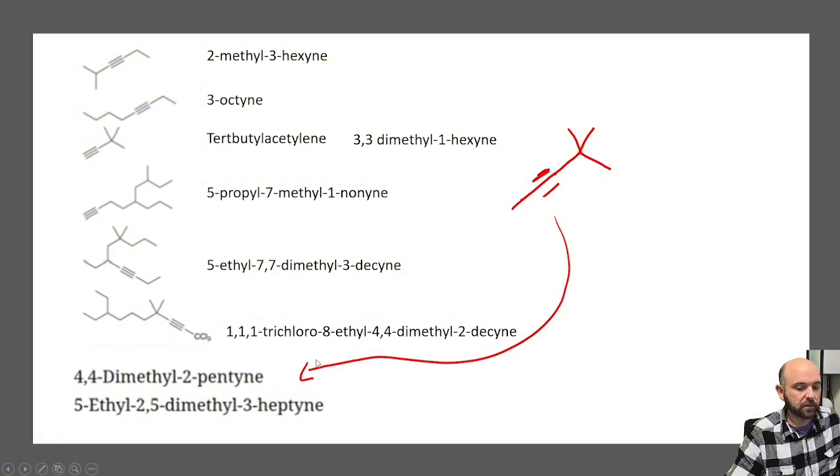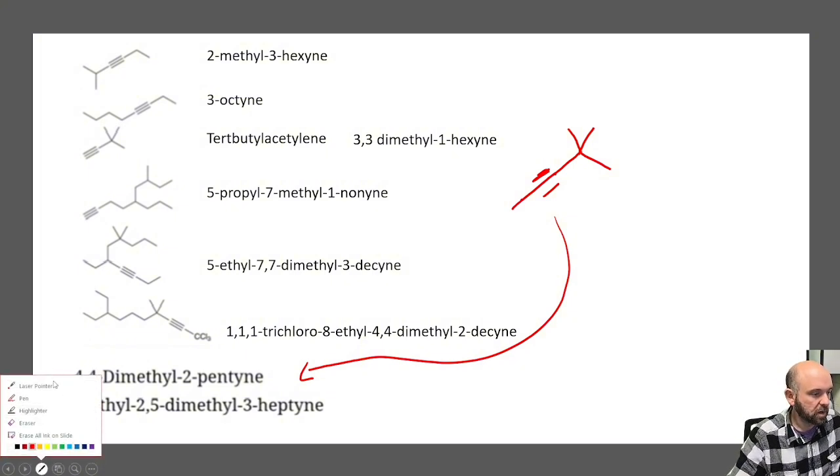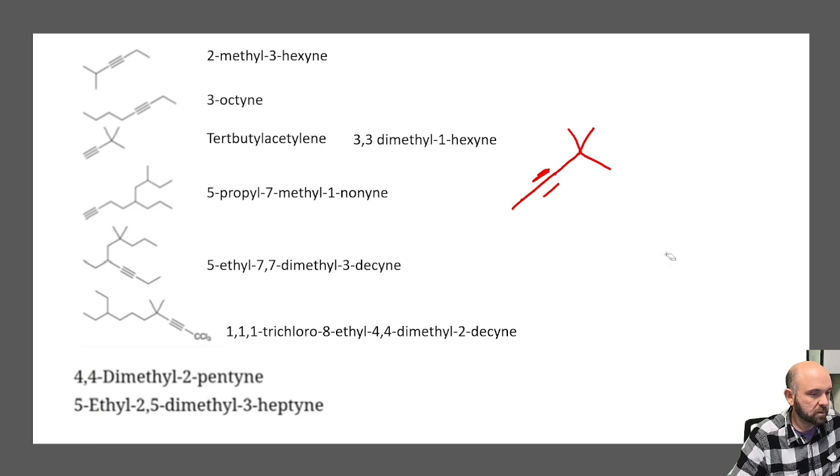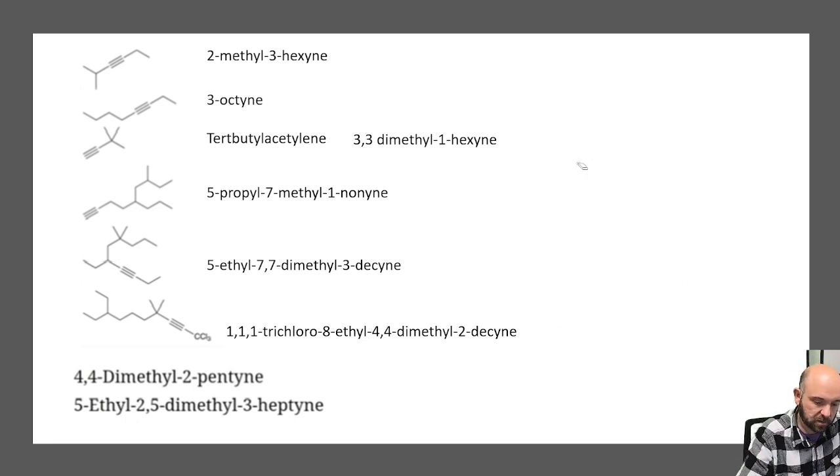Now, the other example here says we want to do 3-ethyl-2,5-dimethyl-3-heptyne. So when we draw that out, we would give us the heptyne. So 3-heptyne, we start on carbon 1, carbon 2, and then 3 would start our heptyne.